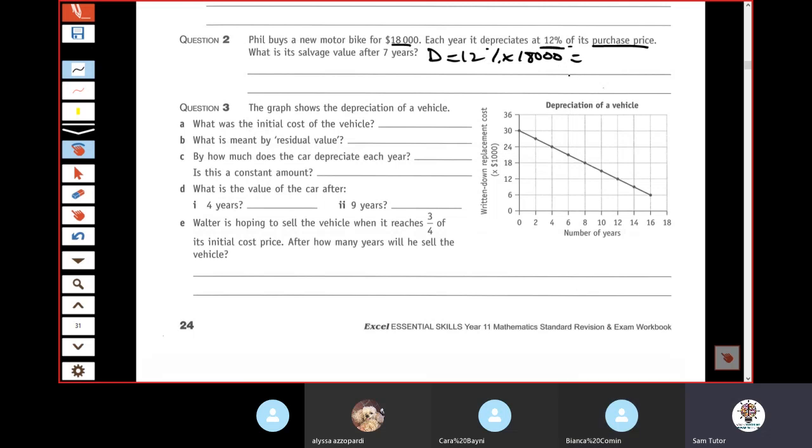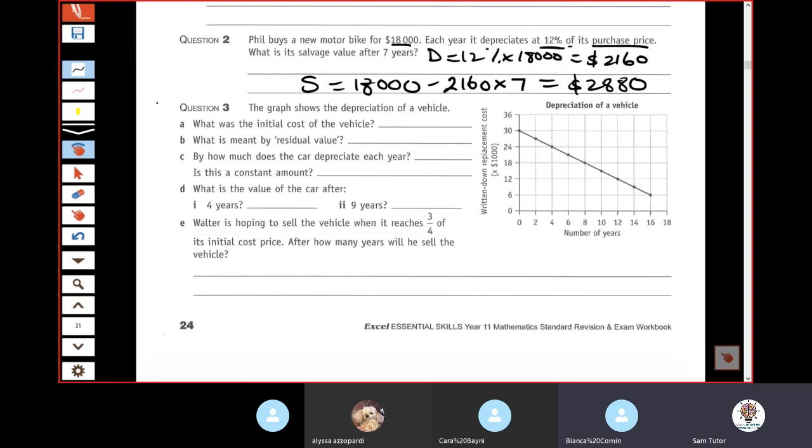It should be 2160. So it depreciates by $2,160 every year for 7 years. Therefore, your salvage value is very easy. There it is: minus 2160 times 7. And that would give you the amount that it's worth today, which is 2880.